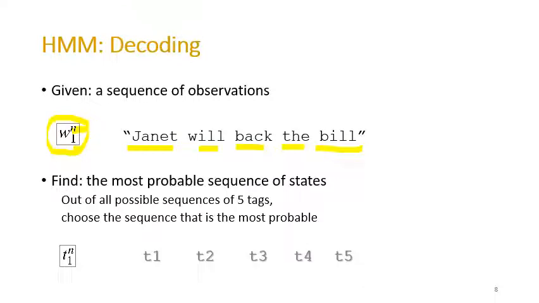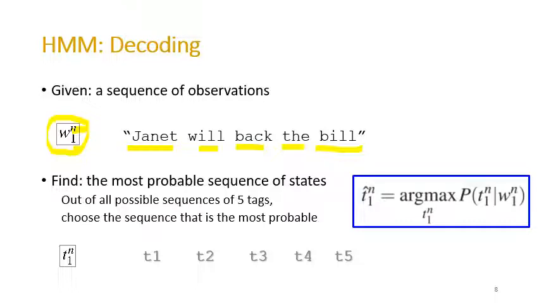So we can say that in an equation like this. Here it means that out of possible sequences of tags, we would like to find the one that maximizes the probability that, given this is the word sequence that we see, this is the sequence of tags.